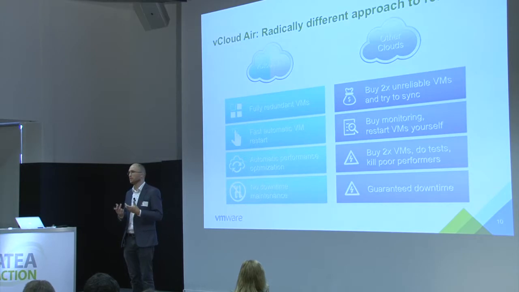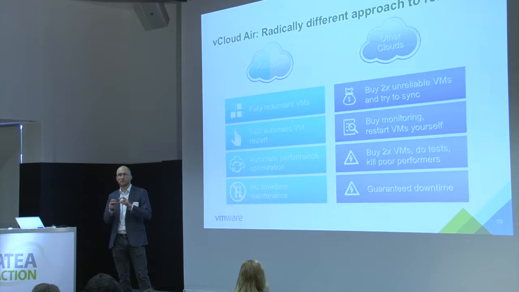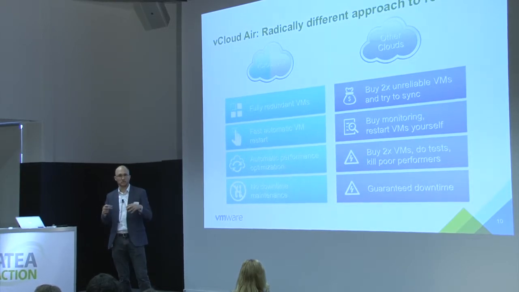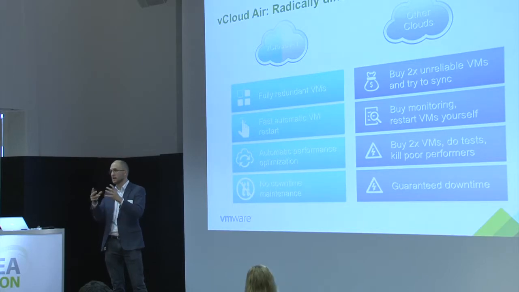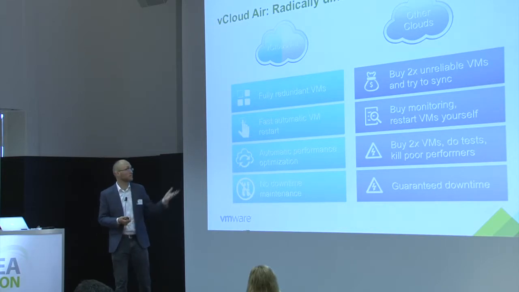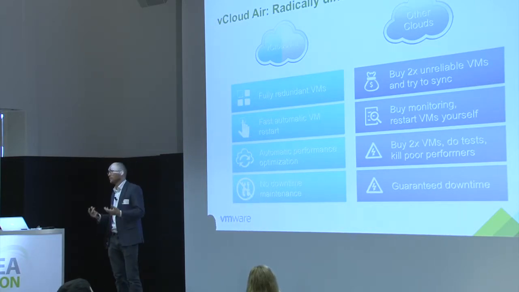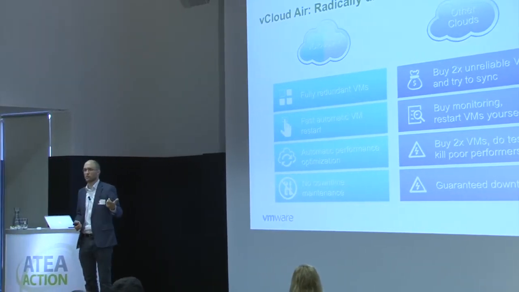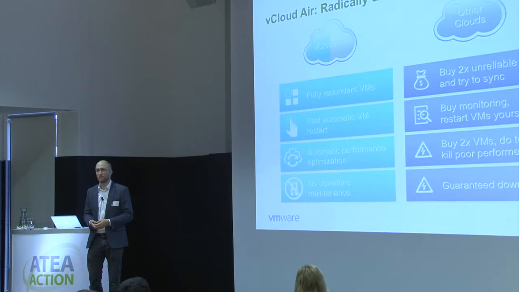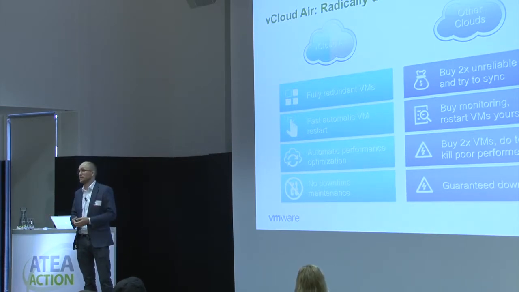So what most people using, for example, Amazon Web Services do is they write their application so that the application itself is resilient, so that the application itself is redundant. They cannot rely on the infrastructure, so they build in replication and failover mechanisms into the application, which makes it, of course, harder to maintain the application. With vCloud Air, you can trust the platform, it'll always run, and if it's not running, it'll at least give you a reboot of a virtual machine and move it to a different host. So the functionality that you have today.